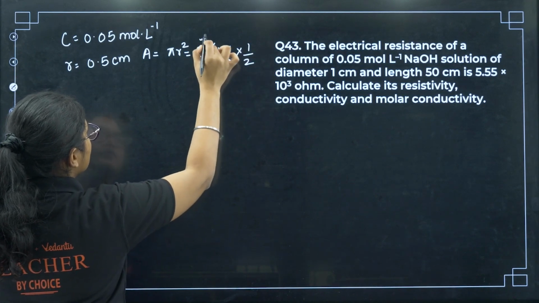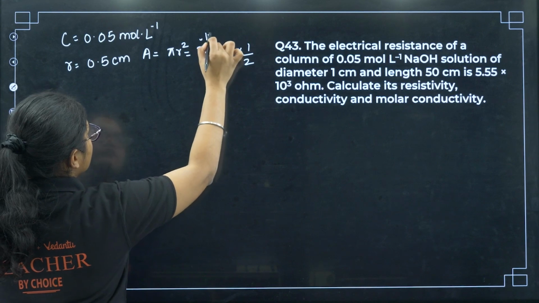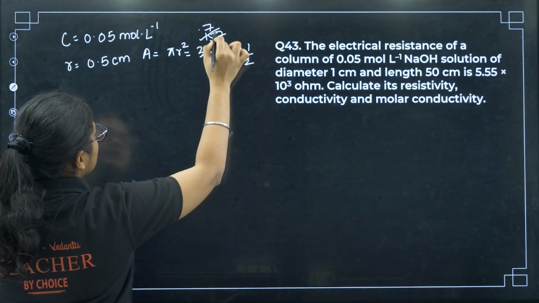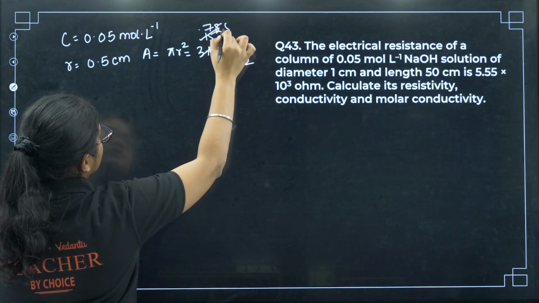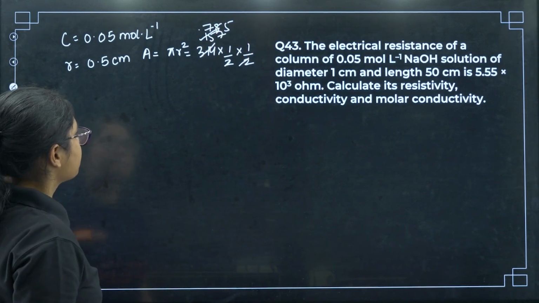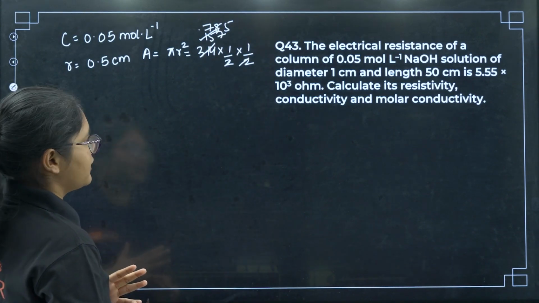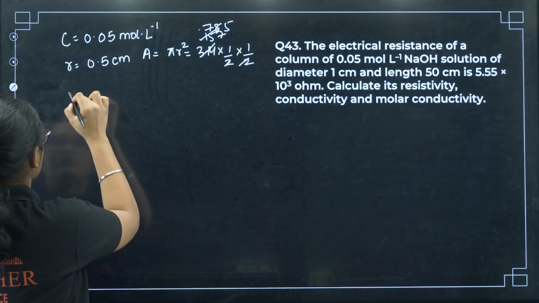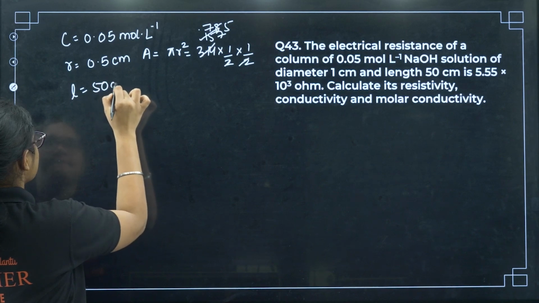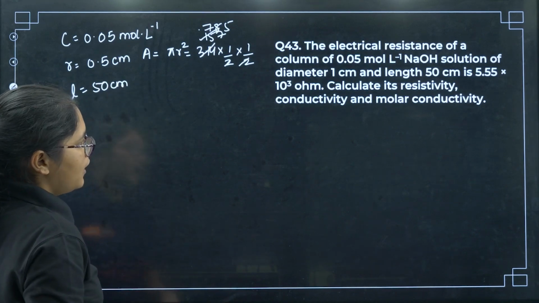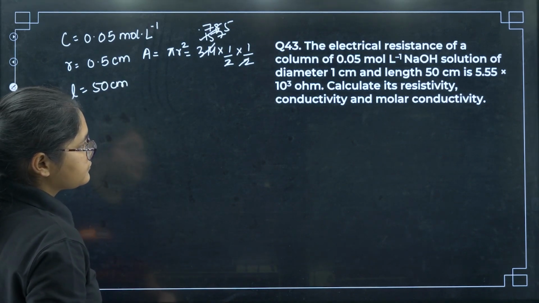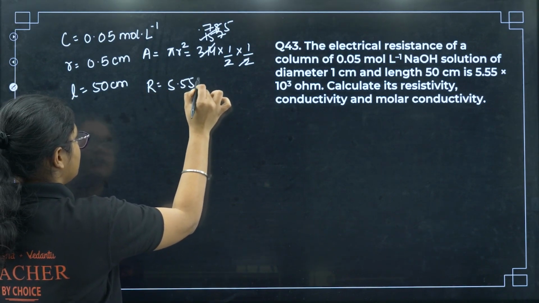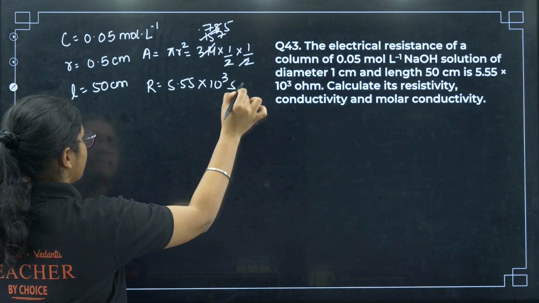So it will be 2 1s are 2, and if I calculate here, I will get 0.785, yes, 0.785 pi r square I got. Then length is 50 centimeter, obviously, and the resistance is 5.55 into 10 to the power of 3 ohm.